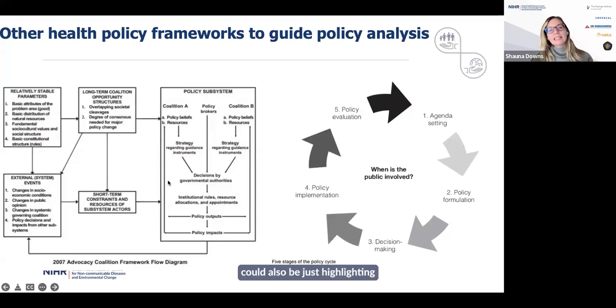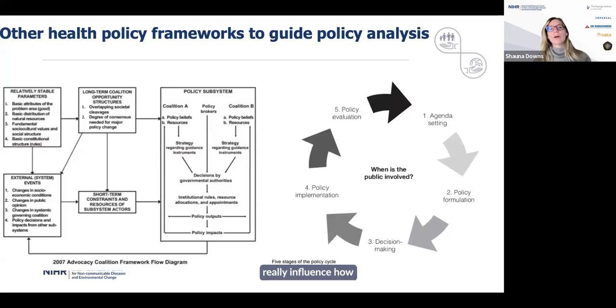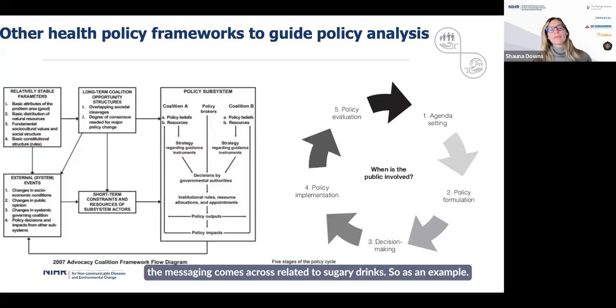It could also be just highlighting how the argument is being shaped. For example, in the sugar sweetened beverage space, obviously the lobbying groups are often trying to really influence how the messaging comes across related to sugary drinks.